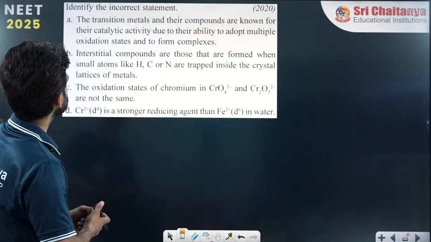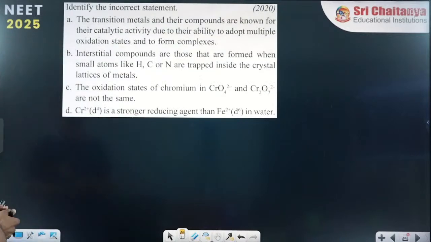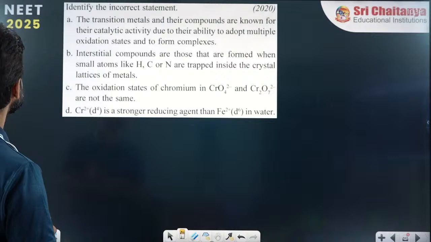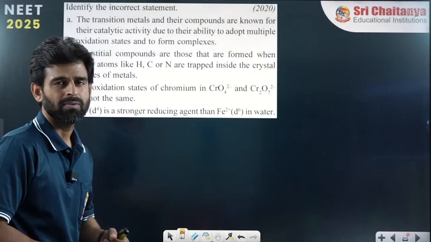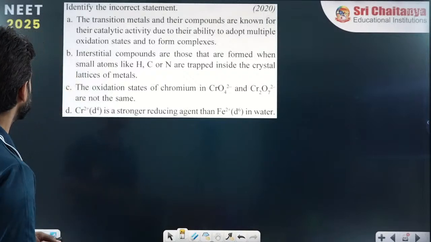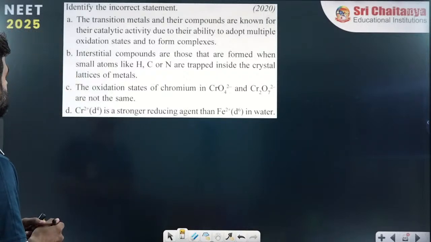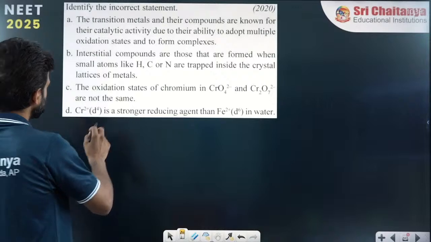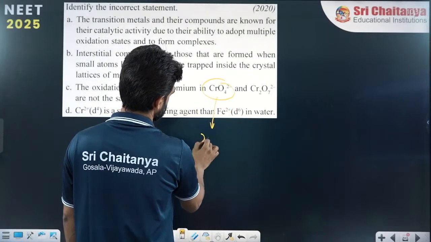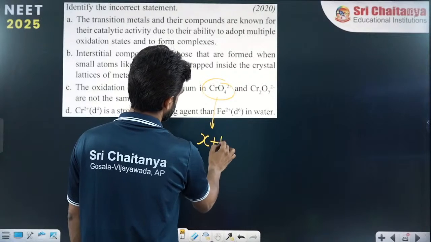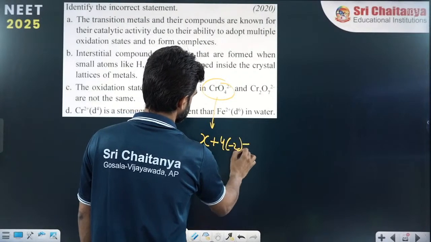The next one: identify the incorrect statement. Transition metals and their compounds are known for their catalytic properties due to their ability to show variation in oxidation state. Very good, no issue. Now if you check here, CrO4 2 negative, Cr is X, 4 into minus 2 equals minus 2.